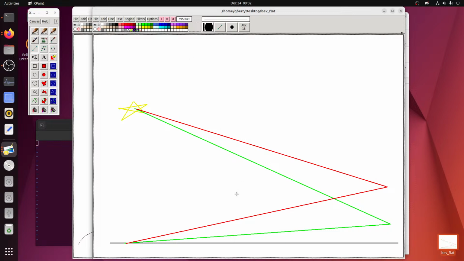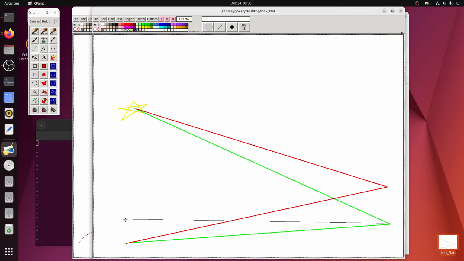So just to recap, Bev was thinking that if the star's up here and your eye level is at the green line, for example, and you measure down, you've got your dip angle here. I didn't finish this diagram, so I'm going to add that now.